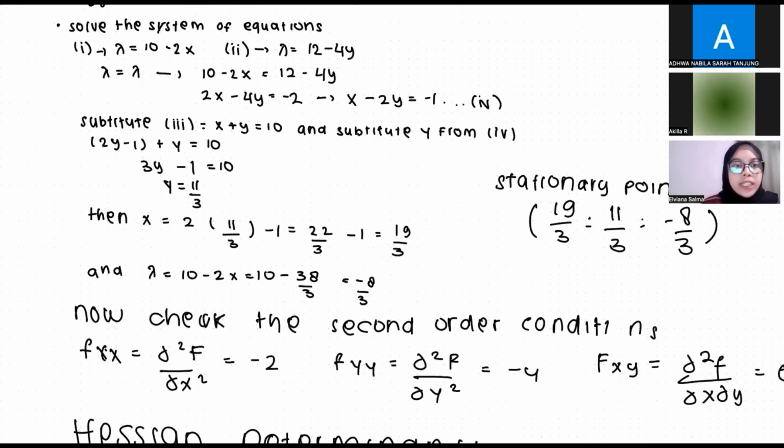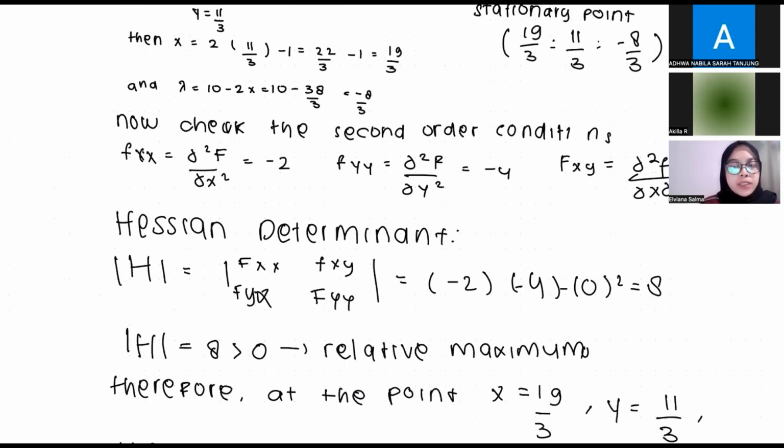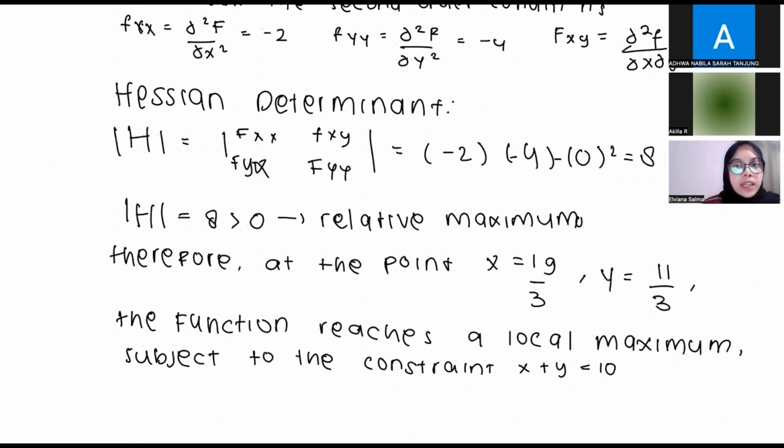Now check the second order condition. The f double x is minus 2, the f double y is minus 4, and fxy is 0. Then the Hessian determinant is H equals minus 2 times minus 4 minus 0 squared equals 8.